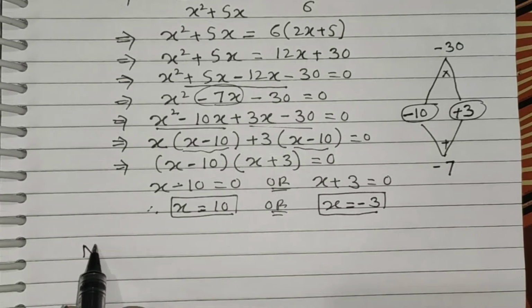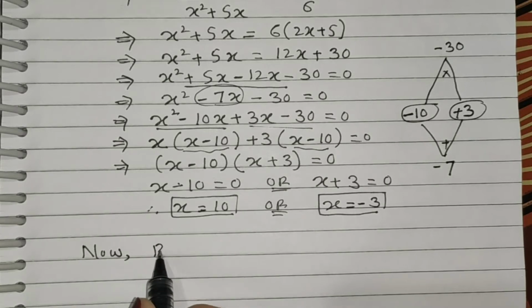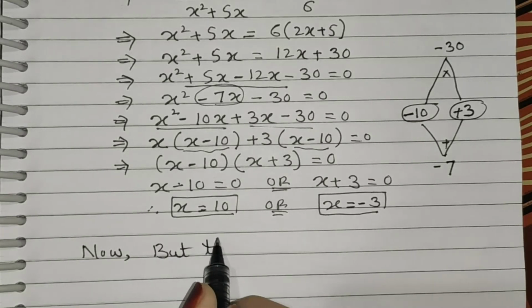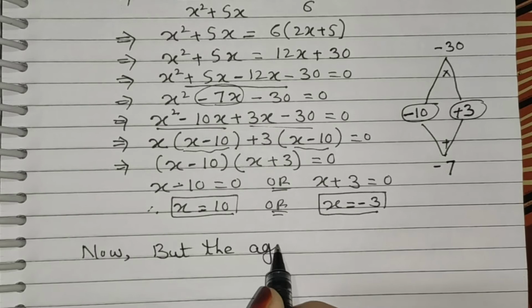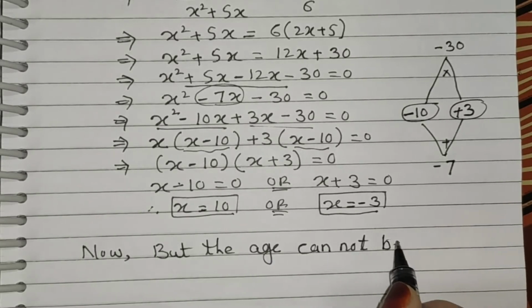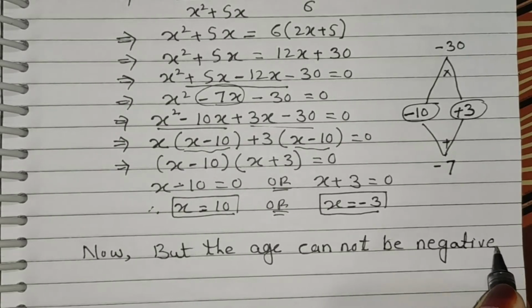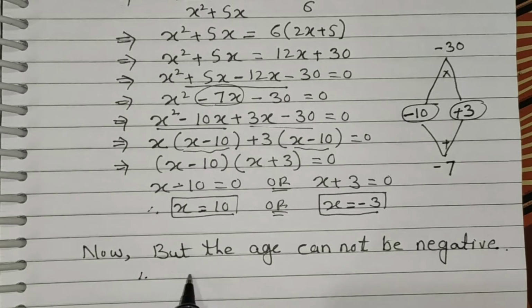But the age cannot be negative. Therefore, x is not equal to minus 3.